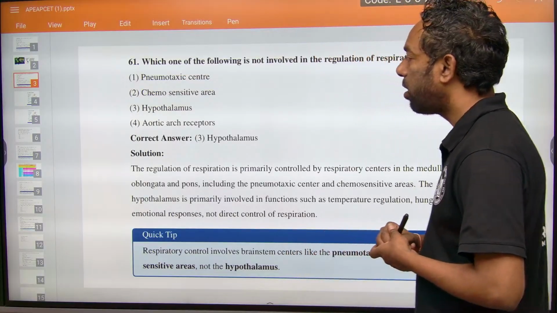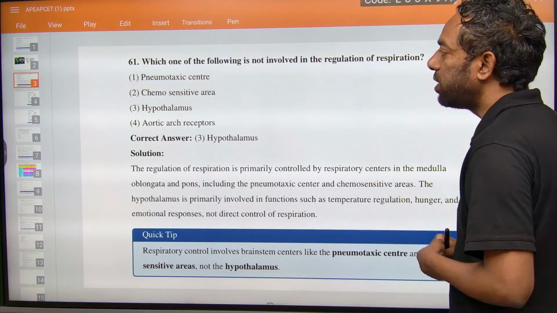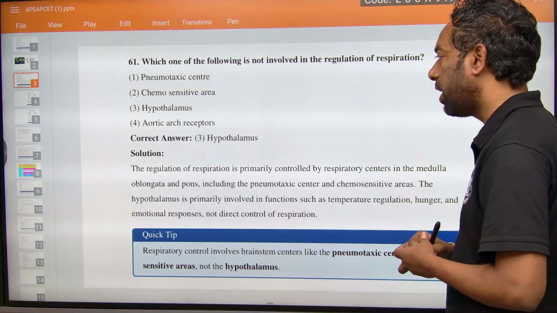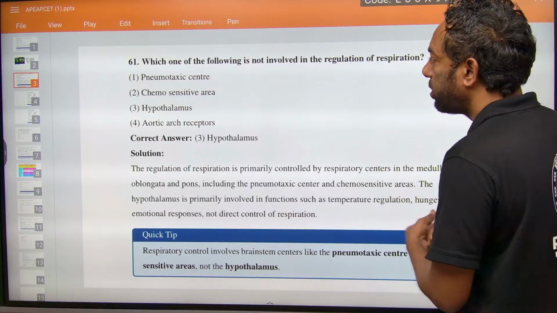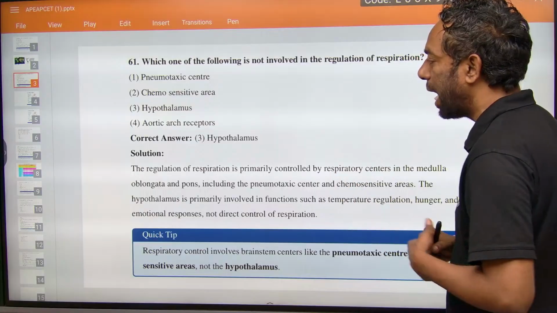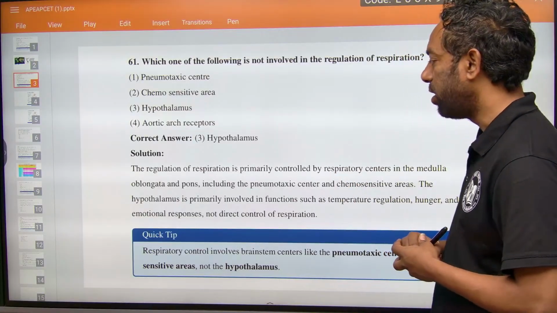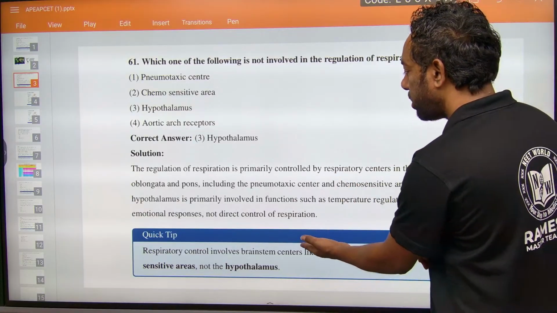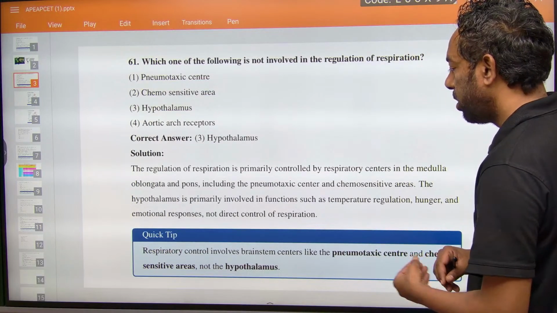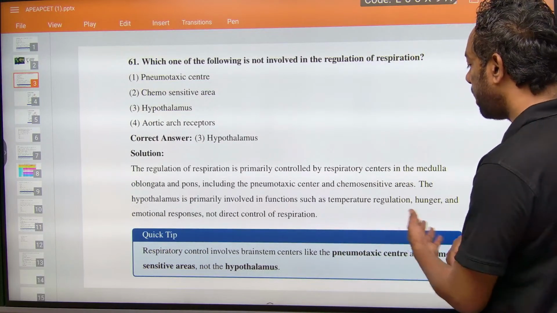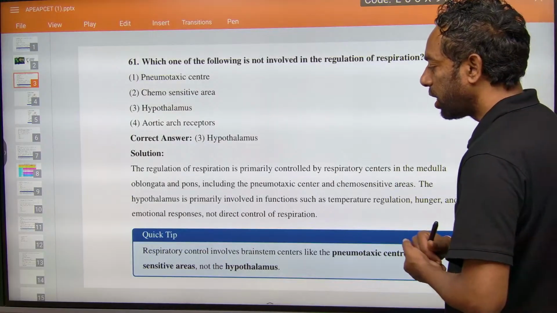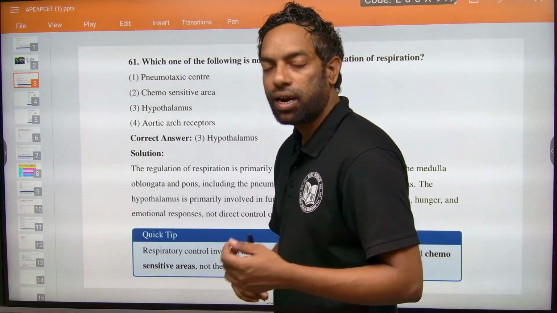The aortic arch receptors are sensitive for the chemosensitive area. So the answer is hypothalamus, which is not involved. Respiratory control is by the brain stem centers, the pneumotaxic center and chemosensitive area, and not the hypothalamus.